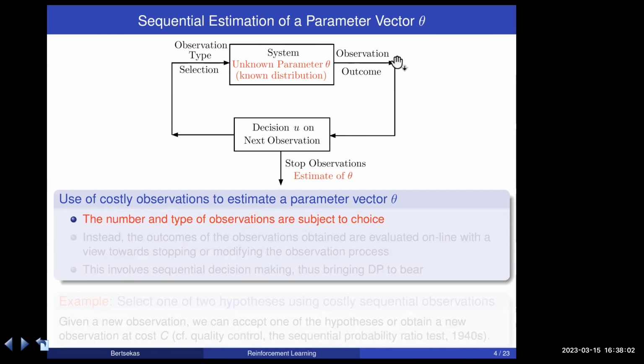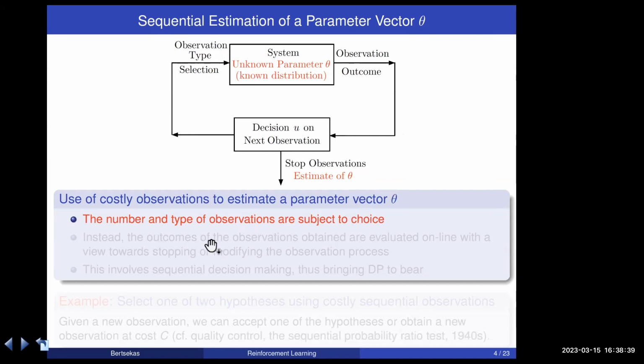We obtain measurements or observations related to theta, and the outcomes are evaluated by a decision maker who wants to decide between two things. One is to stop the observations and estimate theta on the basis of the observations that have been accumulated so far. And the other is to continue the observations, but select also the type of observation in case there are multiple types of observation. So this goes on for a number of periods, a finite number, or perhaps an unlimited number.